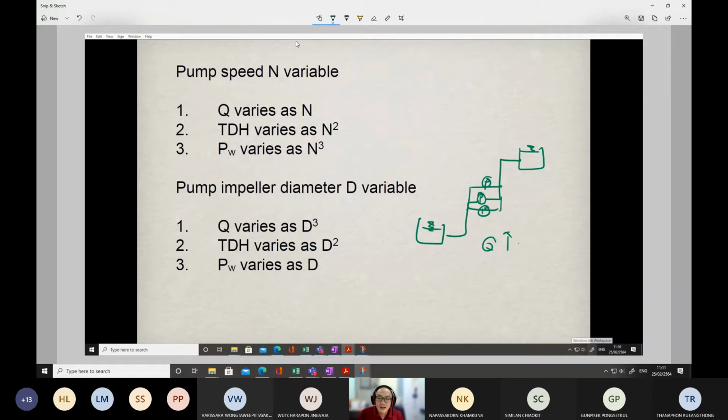But sometimes if you want to carry the water from the lower elevations to the upper elevations, the pumps that are available from the pump vendor still do not meet our requirement. Sometimes you may have to buy two pumps and connect them in series like this. Connecting two pumps in series will be beneficial in terms of the head.